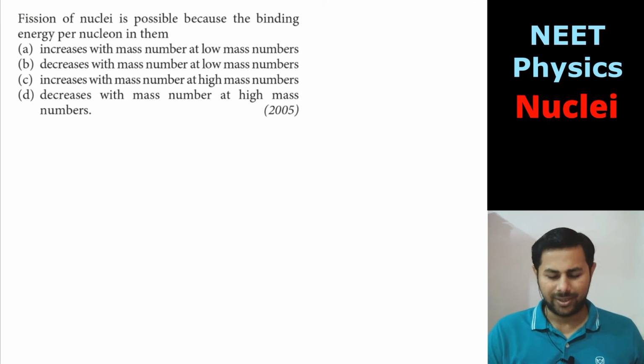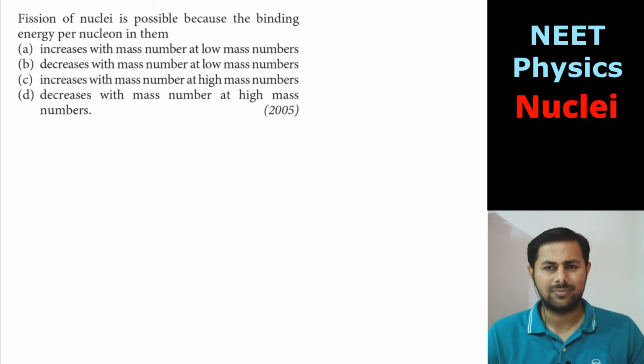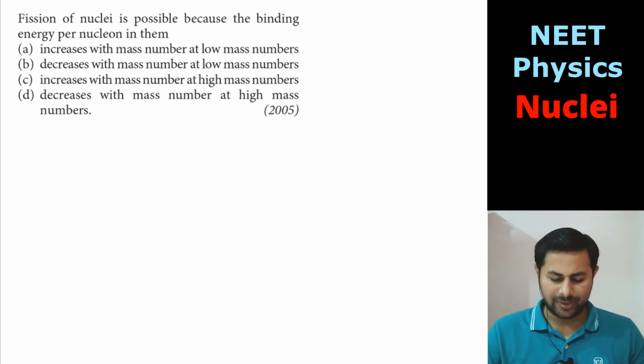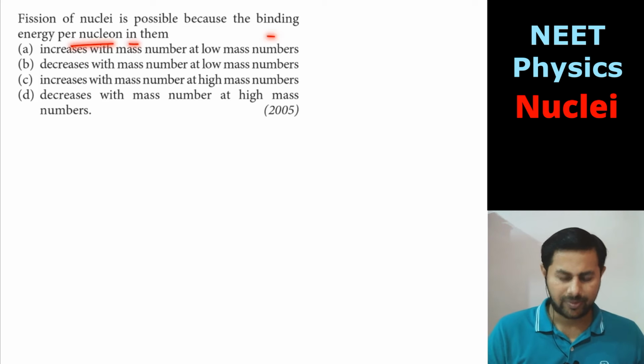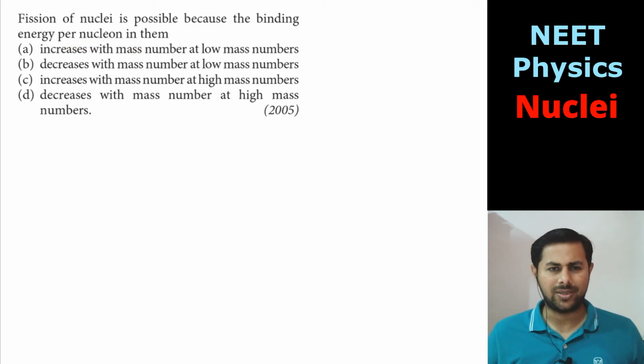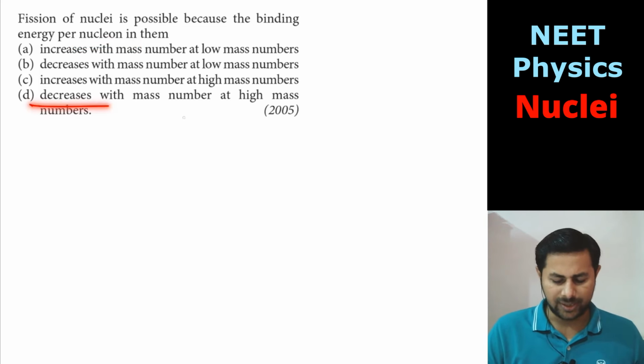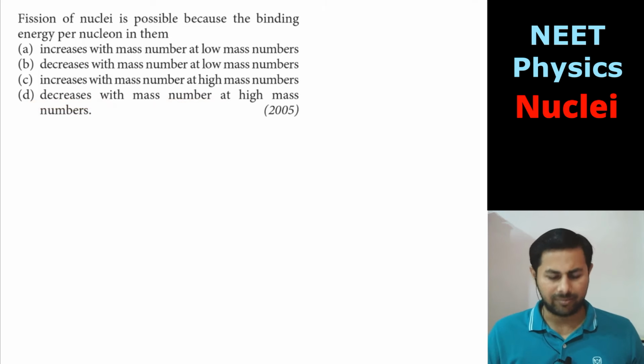In light nuclei or heavy nuclei? Heavy, no? Good. So what happens then for heavy nuclei? The binding energy per nucleon increases or decreases? Decreases. So the answer is decreases with mass number at high mass numbers.